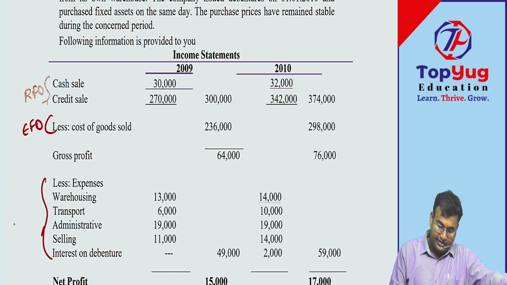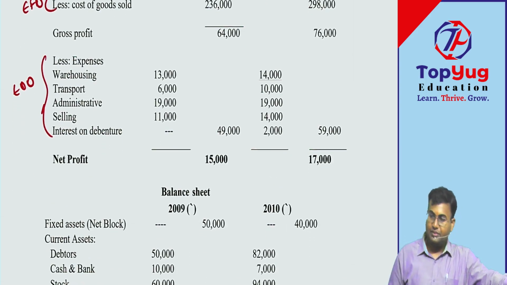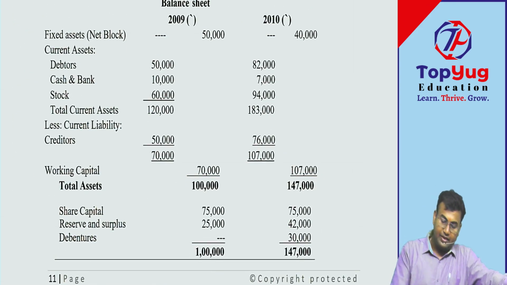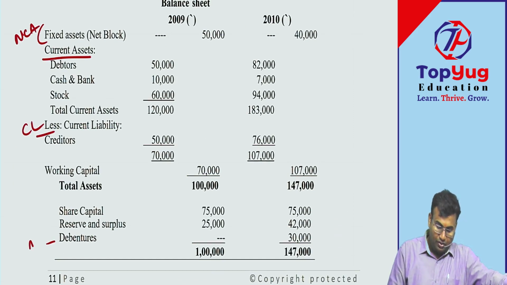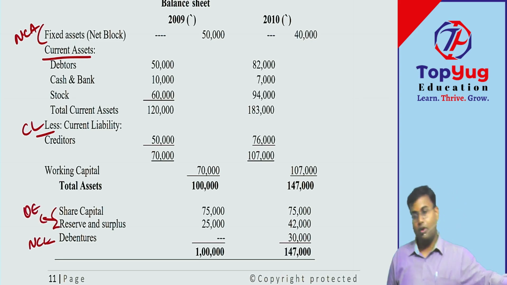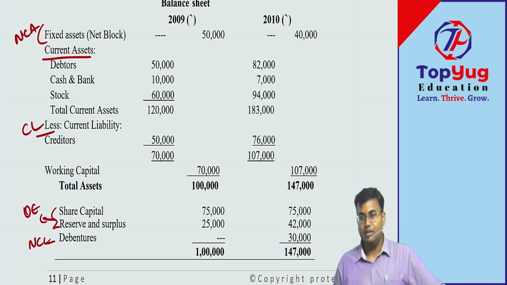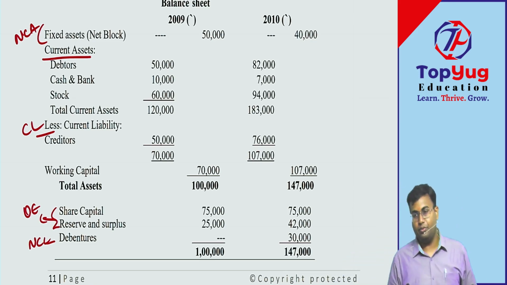Yes, this is expenditure other than operations. Then you have this profit. Similarly, non-current assets, current assets, current liabilities, non-current liabilities, and owner's equity or owner's fund. Yes or no? Yes, we are easily able to bifurcate the whole part.